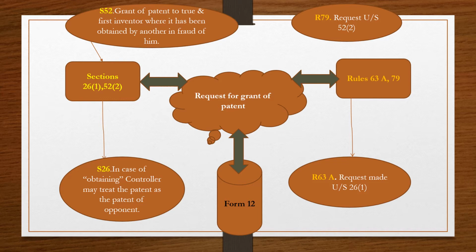The title of section 26 is, in case of obtaining, controller may treat the patent as the patent of the opponent. Fine. And section 52 says, or we can say the title is, grant of patent to true and first inventor where it has been obtained by another in fraud of him.